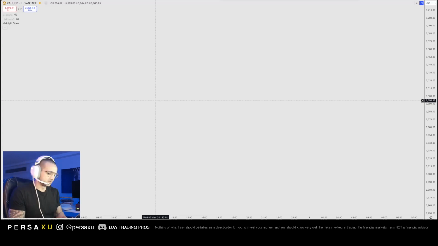I think it's important to understand how you calculate the profit or loss depending on the pips that you're willing to risk with a different lot size, right?